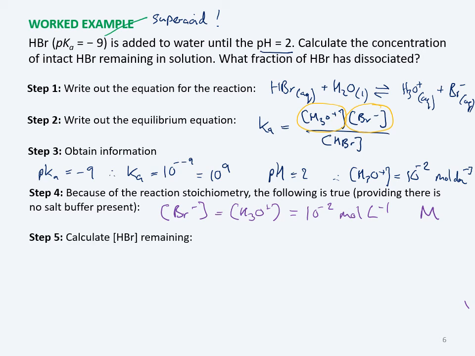Okay. So now we can rearrange the equilibrium equation. The concentration of HBr that's not dissociated is equal to the concentration of H3O+ times the concentration of Br- over Ka, which is equal to 10 to the minus 2 times 10 to the minus 2 over 10 to the 9.